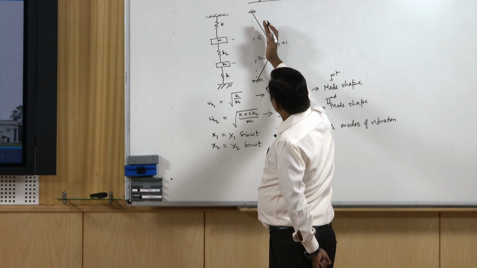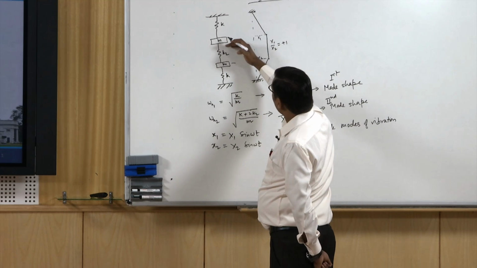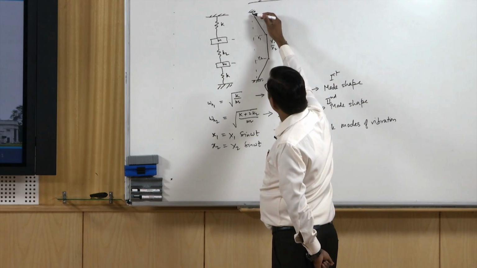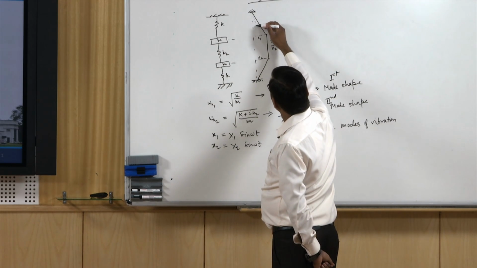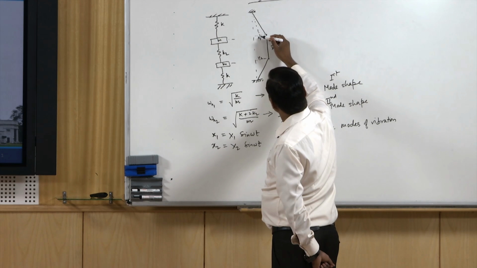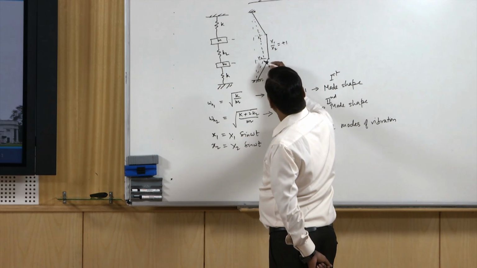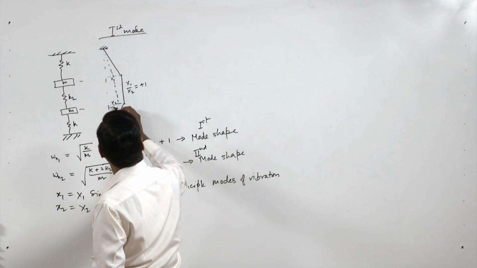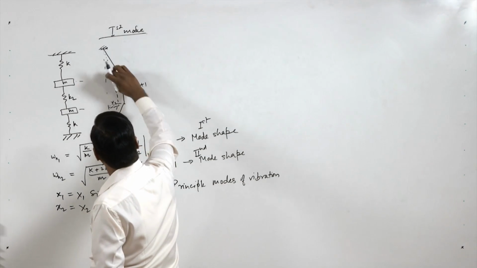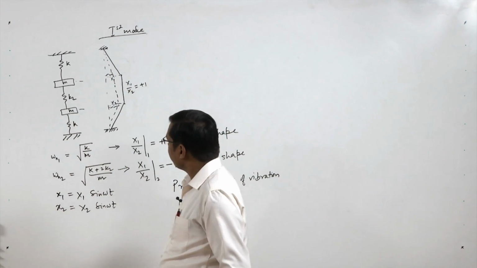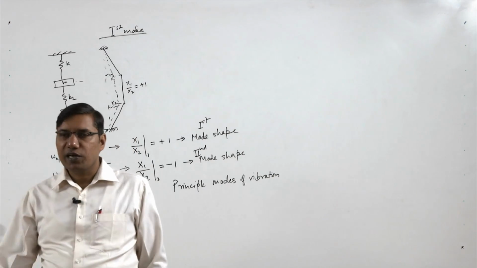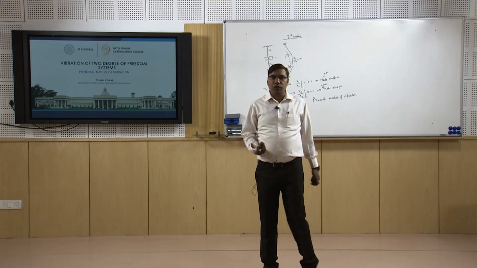Now suppose this mass is at maximum, and now they come back, making a shape like this, like this. Again the amplitude ratio will be the same, so they will be equal.